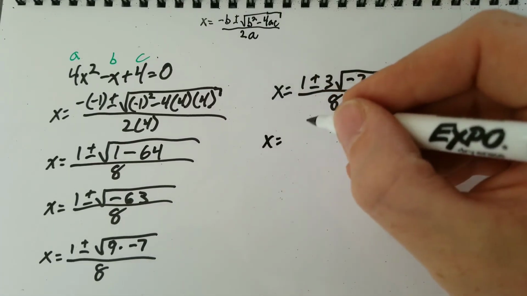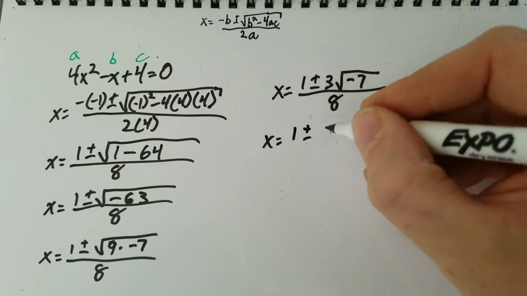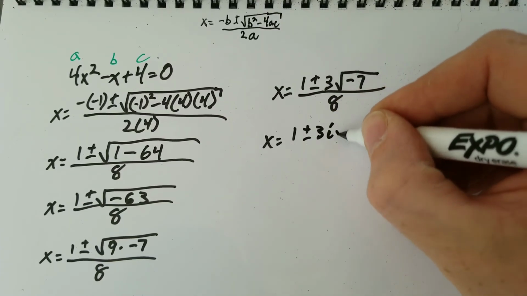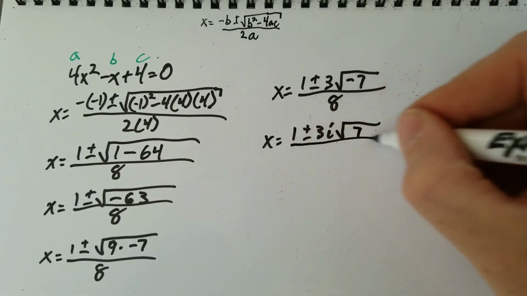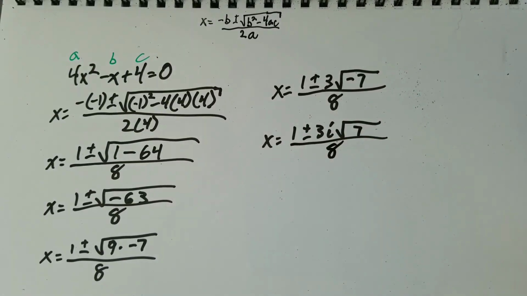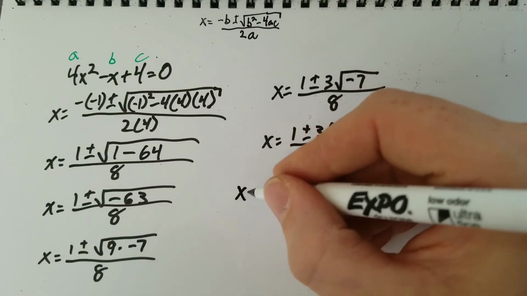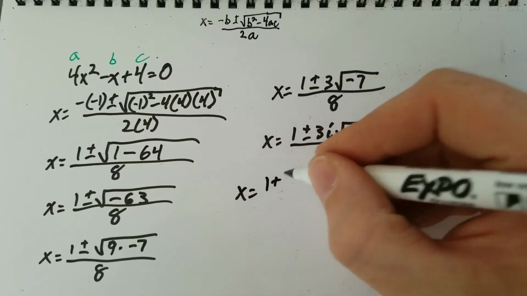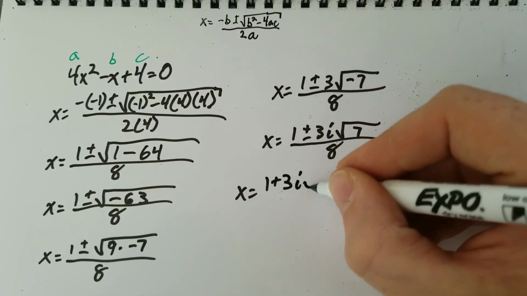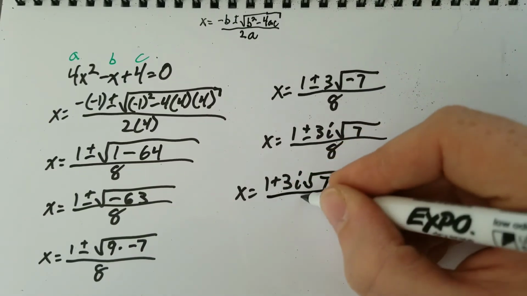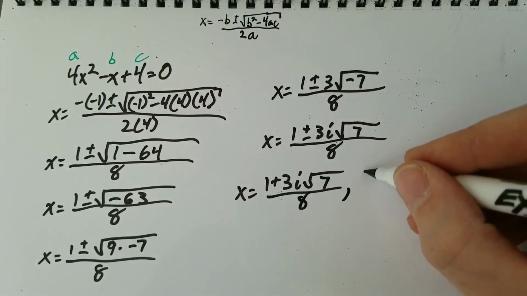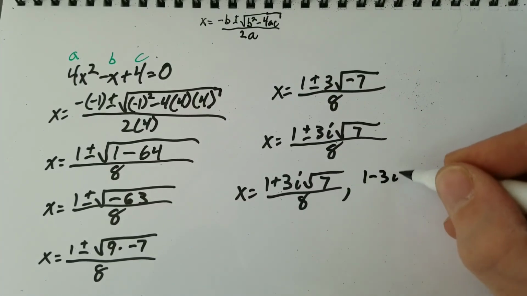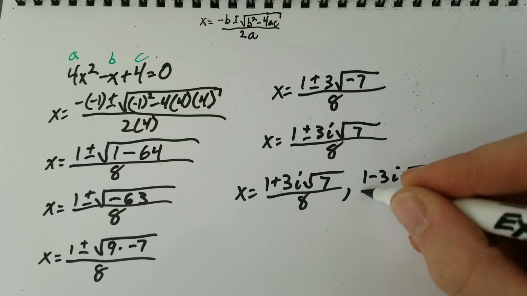So we get x equals 1 plus or minus 3i square root of 7 over 8. So our 2 answers are x equals 1 plus 3i square root of 7 over 8 and 1 minus 3i square root of 7 over 8.